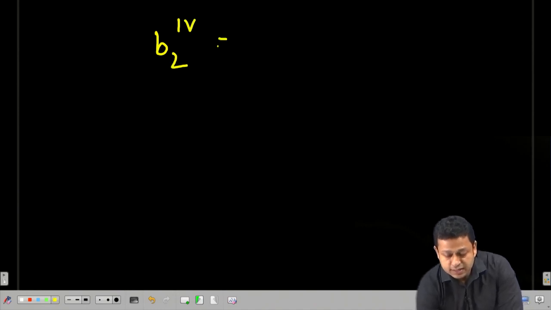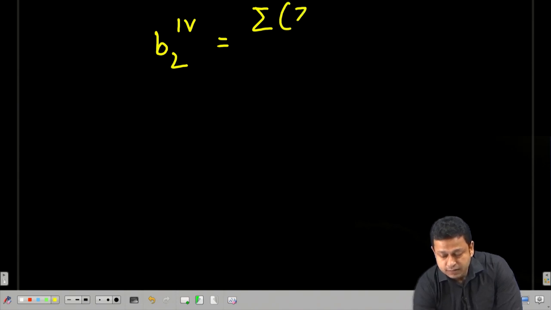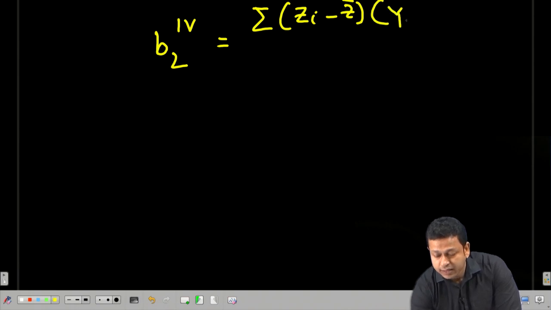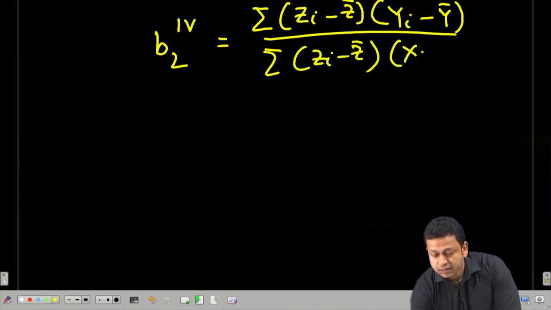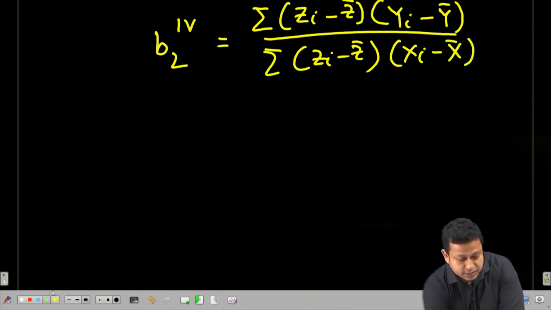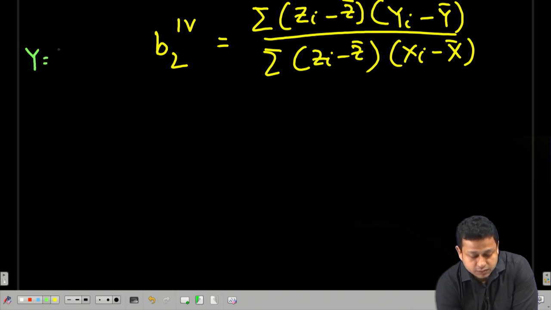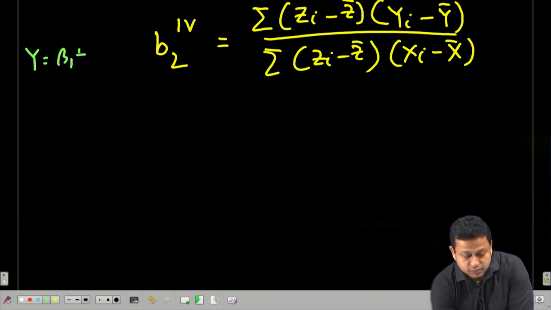The way we write it is the summation of zi minus z bar into yi minus y bar, divided by the summation of zi minus z bar and xi minus x bar. And let us say my regression equation is y equals beta 1 plus beta 2 xi plus ui.